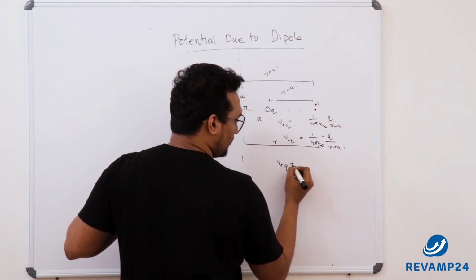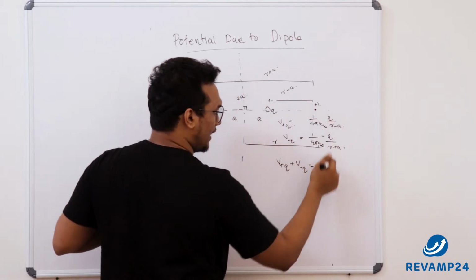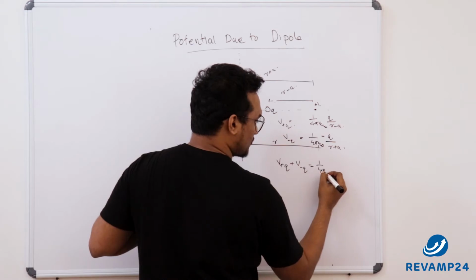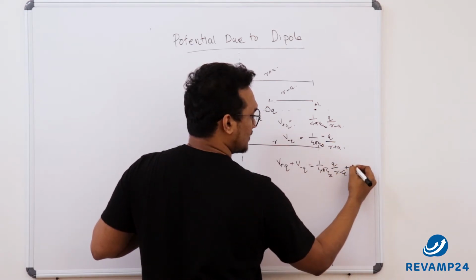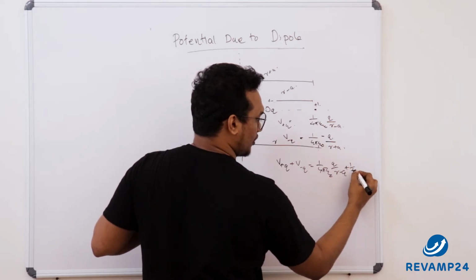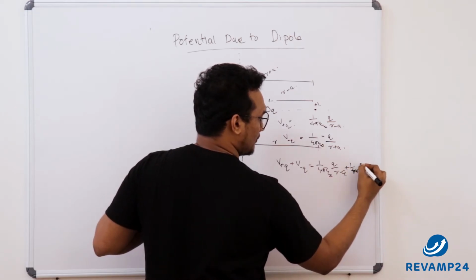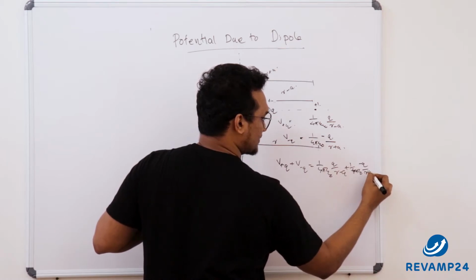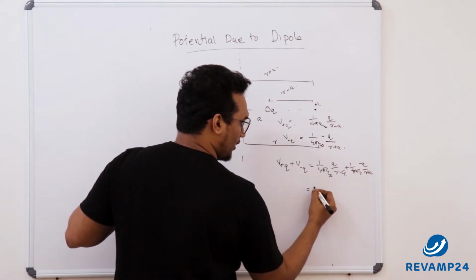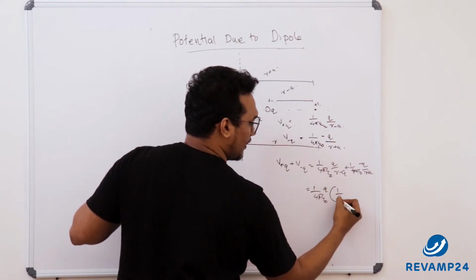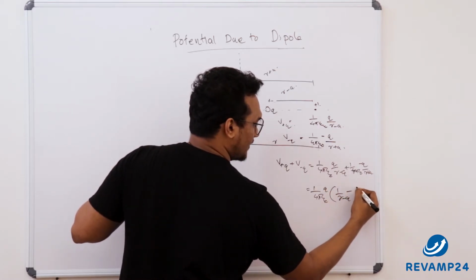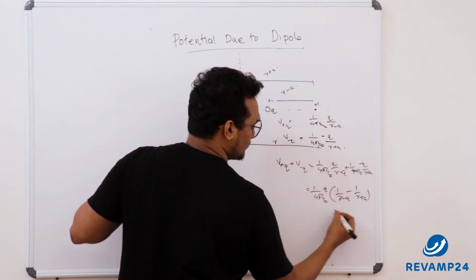V plus q plus V minus q is equal to 1 by 4 pi epsilon 0 q divided by r minus a plus 1 by 4 pi epsilon 0 minus q divided by r plus a. So I can take 1 by 4 pi epsilon 0 and q in common: 1 by r minus a minus 1 by r plus a.